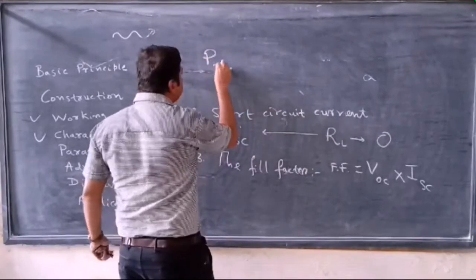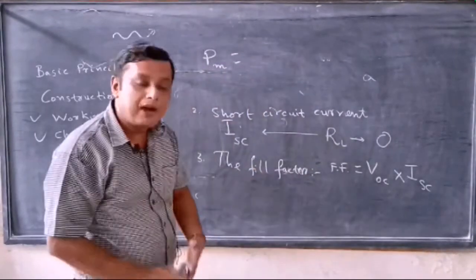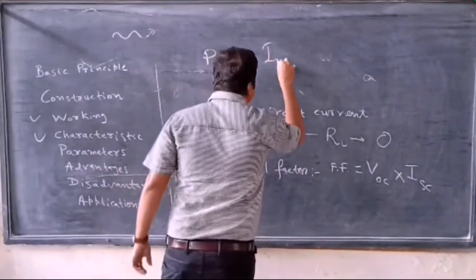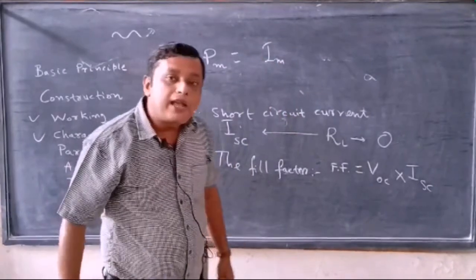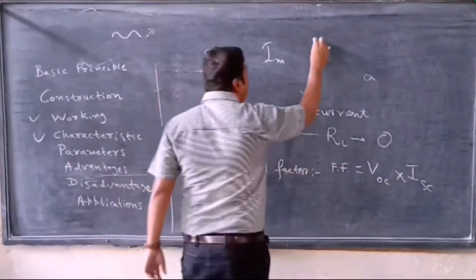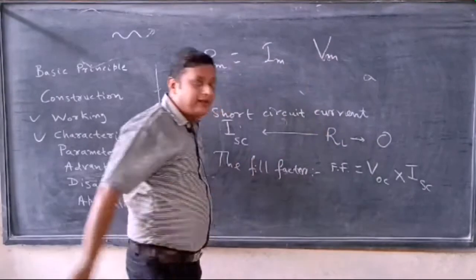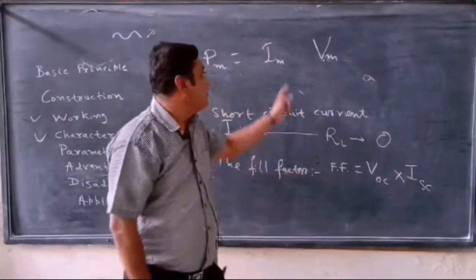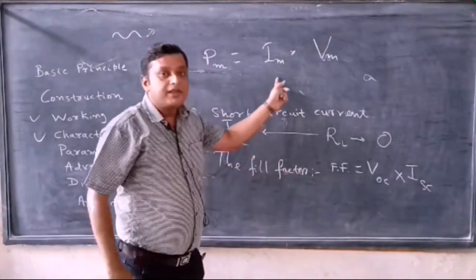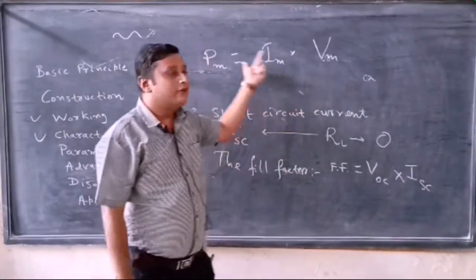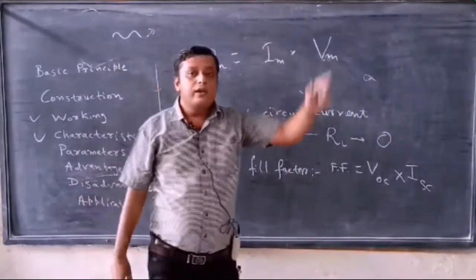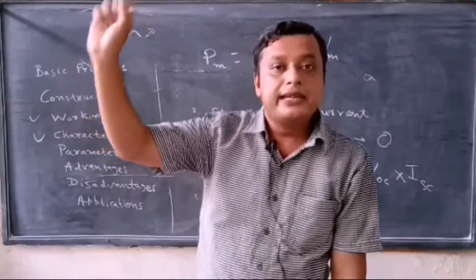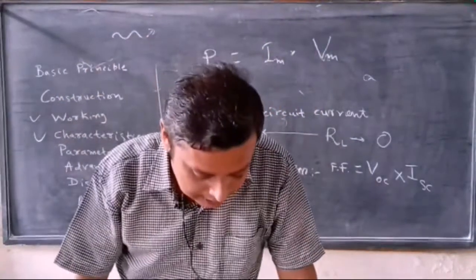So this is known as P maximum power, and that is equal to the maximum current passing through the solar cell and the maximum voltage generated across the solar cell. So multiplication of the maximum current with the maximum voltage will give us a value of maximum power of the solar cell for a constant value of incident light energy.